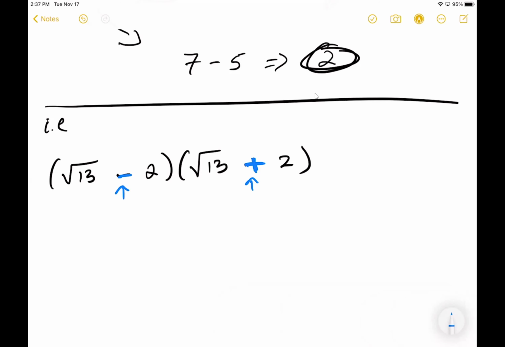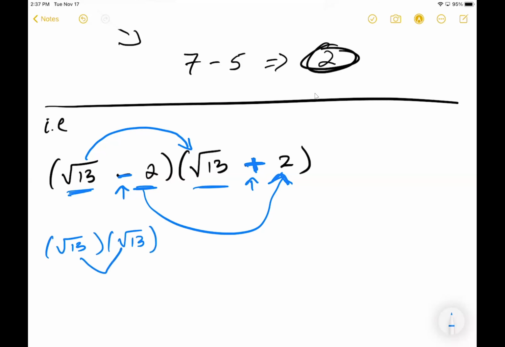If you see that this is the conjugate of each other, all you need to do is take the first item times the first item, take the second item times the second item. You don't need to do the middle term. You don't need to do the other one, because the middle item will eventually cancel out. And if you take square root of 13 times square root of 13, eventually, hopefully, you will see that it's basically 13 on the outside.